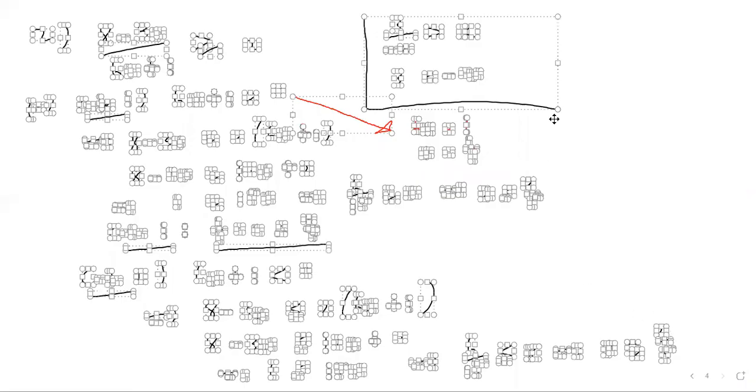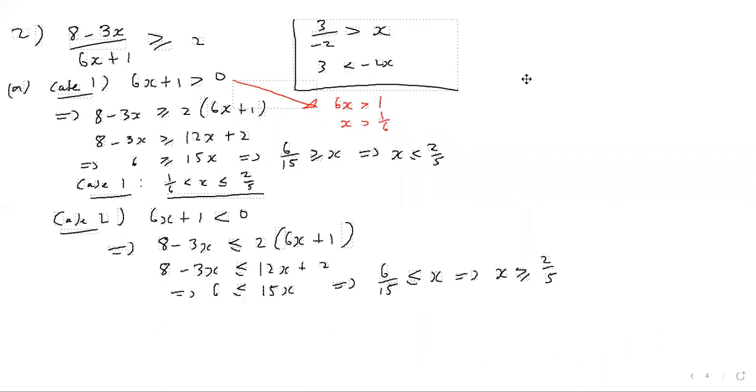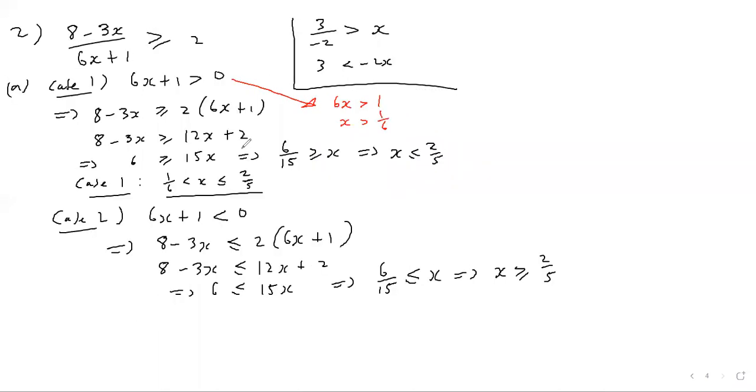Again, we're going to do a similar thing to what we did in case number 1. We just need to consider what this stipulation means. So if 6x plus 1 is less than 0, then that means that 6x is less than -1, and so x is less than -1 over 6. So when x is less than -1 over 6, it must be true that x is greater than 2 over 5.